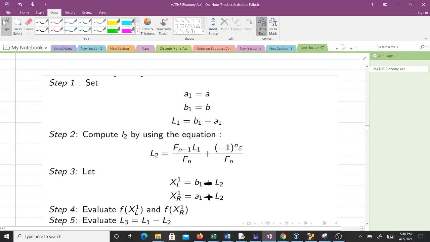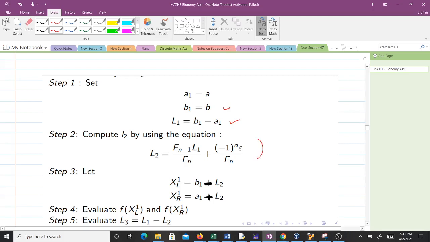We set A1 to be A and we set B1 to be B. Then we compute L1, and L1 is equal to B1 minus A1. Then step 2, we compute L2 using this relation here.